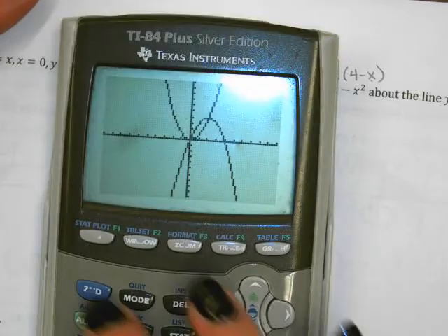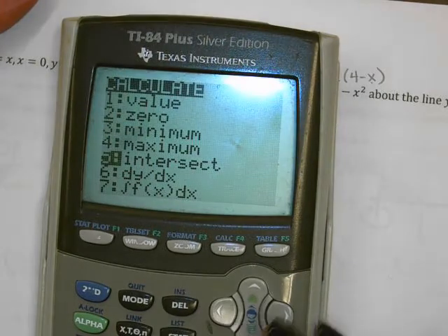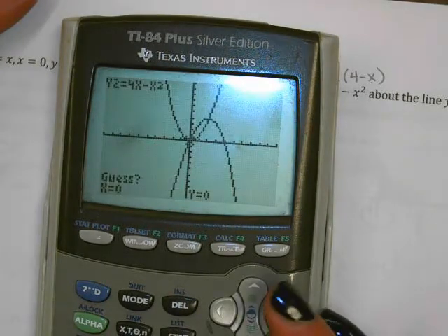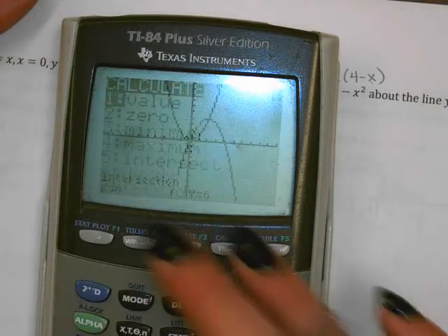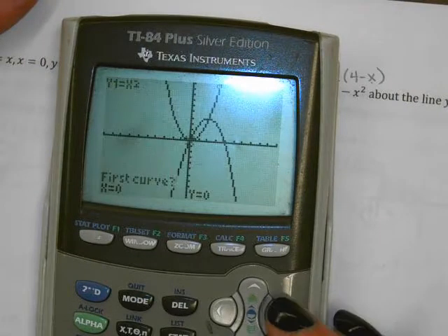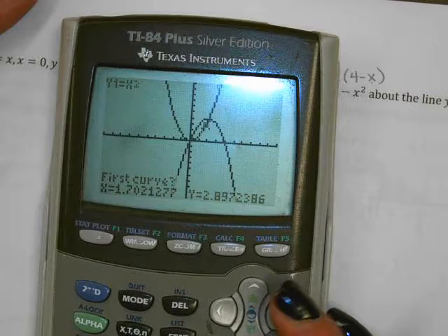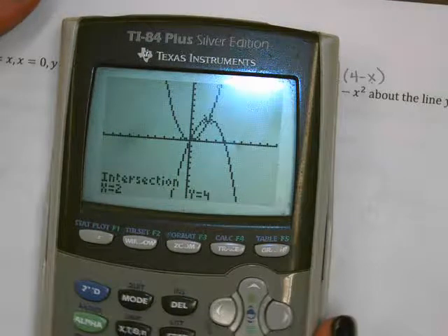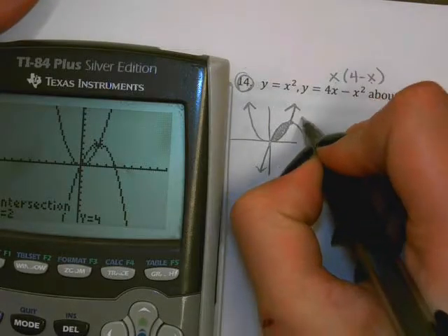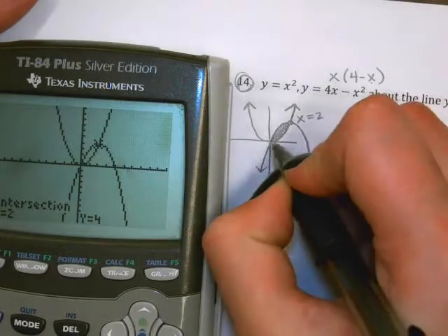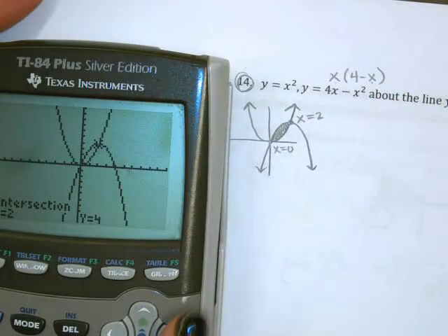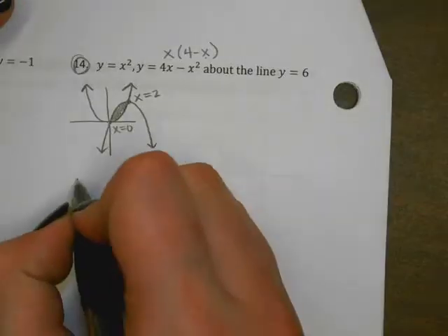I can see where these cross by using my intersection. I'm pretty sure it's at 0, and there we go, it's at 0. The other intersection is at 2. So I know that my integral is going to be from 0 to 2.